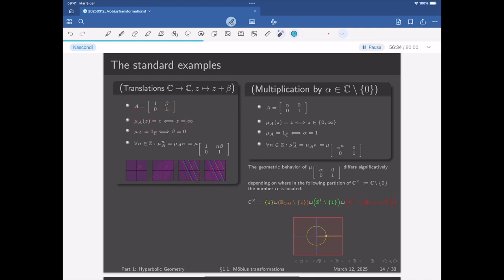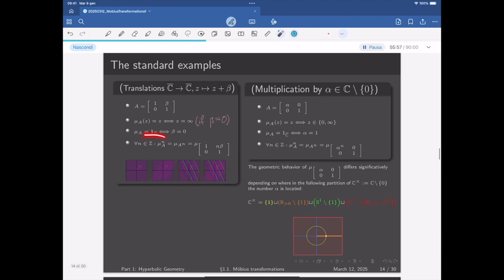Translations, I mean, when beta is not 0. In other words, if the translation is not the trivial translation that doesn't do anything. It has exactly one fixed point. It is the trivial translation if and only if the complex number here is 0, obviously.